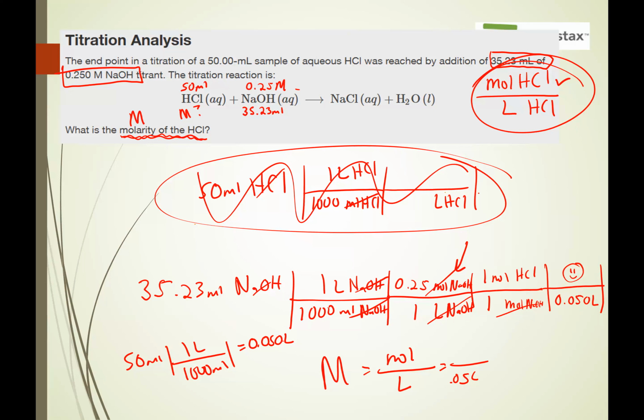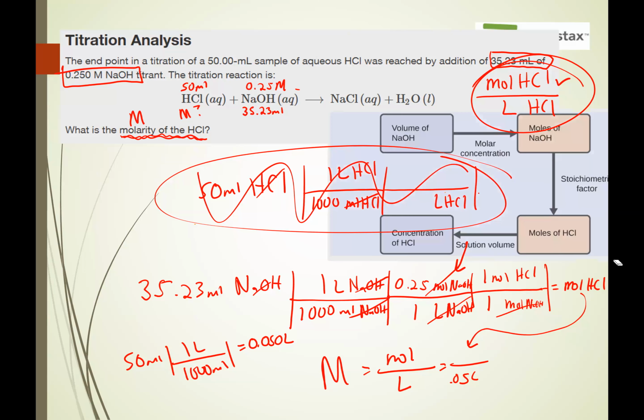It wouldn't work if you just wrote 1,000 milliliters on top; you have to do the math before writing it. That's why people say, no thank you, to this way. Instead they'll just get moles of HCl, and then plug that in down here in 2 separate steps. This is total preference.